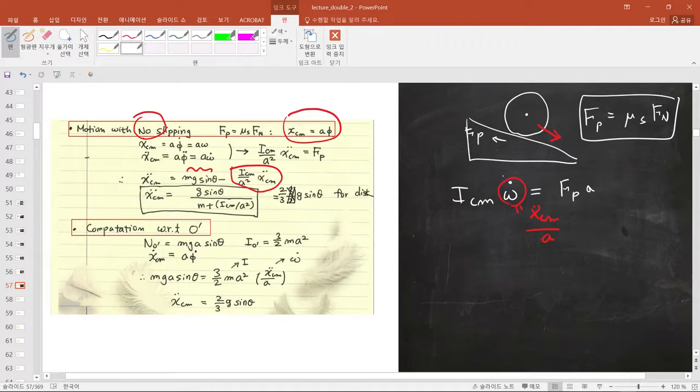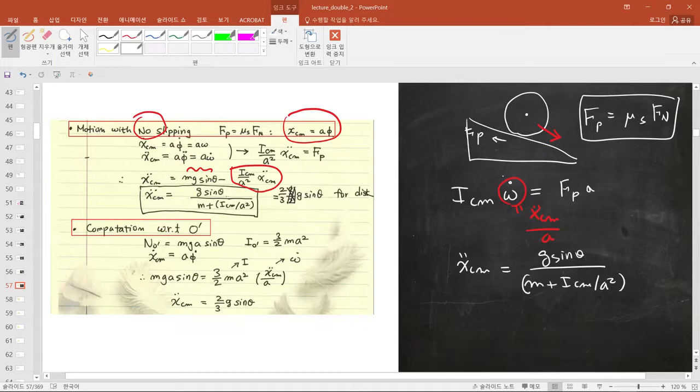Therefore, from here you see, if you push this here, you get acceleration x central mass double dot is equal to, if I put this into here, you have g sine theta over m, divided by m on both sides. You have m plus I central mass over a squared.